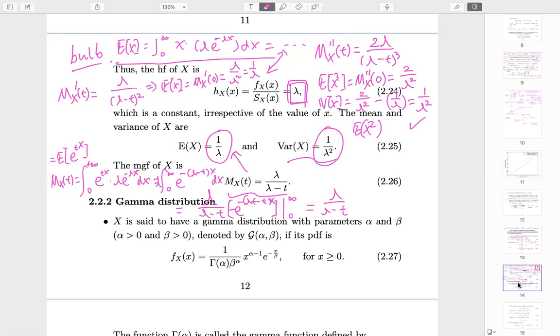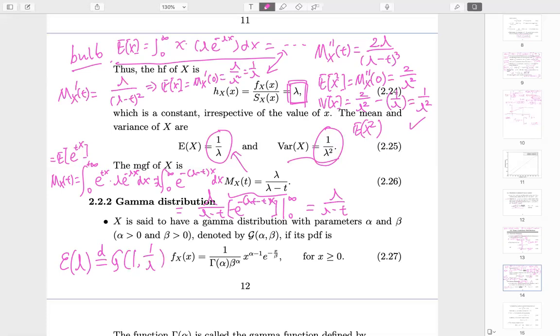So the next one is more useful. It's the gamma distribution. Gamma distribution actually includes many famous distributions, like the one we just studied. Exponential is a special case of gamma. What would be the parameter? So exponential lambda is the same as gamma 1 over lambda.